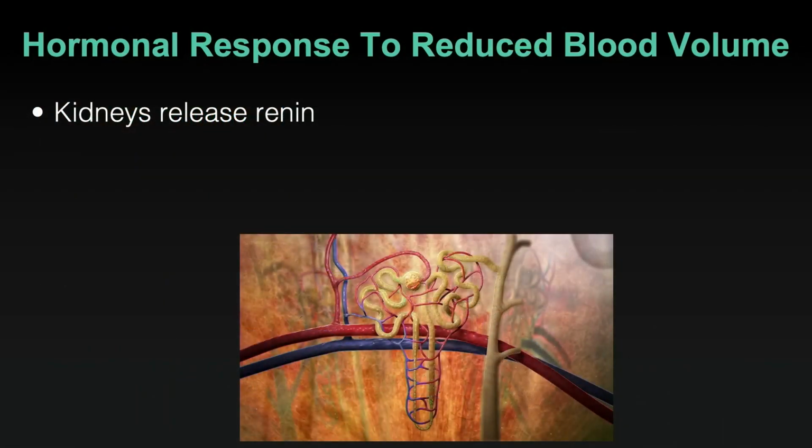Let's imagine a situation, dehydration, severe blood loss, hemorrhage, where blood pressure is precipitously low and we are in danger of fainting, of passing out, of losing flow in the vasculature. What would be a typical response to that situation of low blood volume, reduced blood pressure?